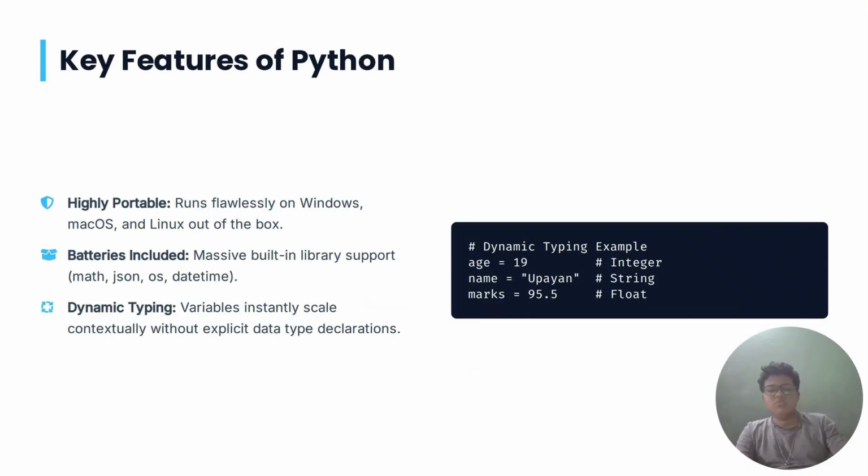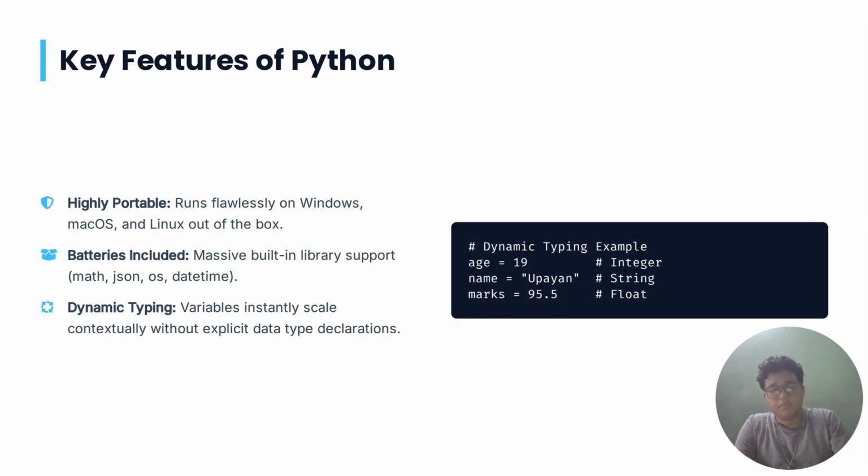Now there are the key features of Python. Highly portable: it runs flawlessly on Windows, Macs, and Linux out of the box. Very much portable and pretty much runs everywhere, we can say. Batteries included, massive built-in library support.